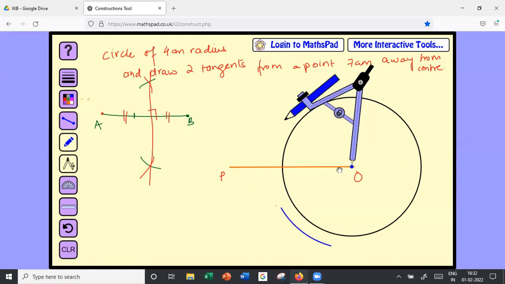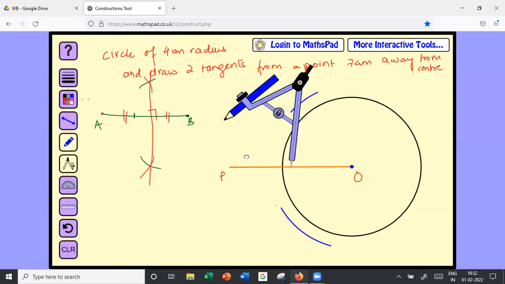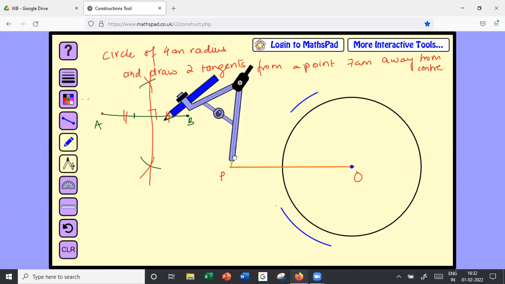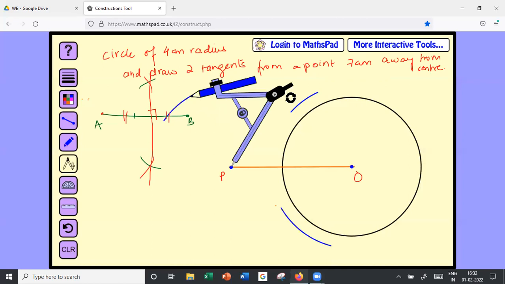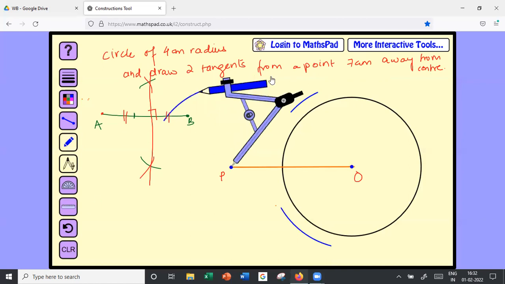Very good. Okay, just give me a minute, I'll also catch up. Oh, my drawing.